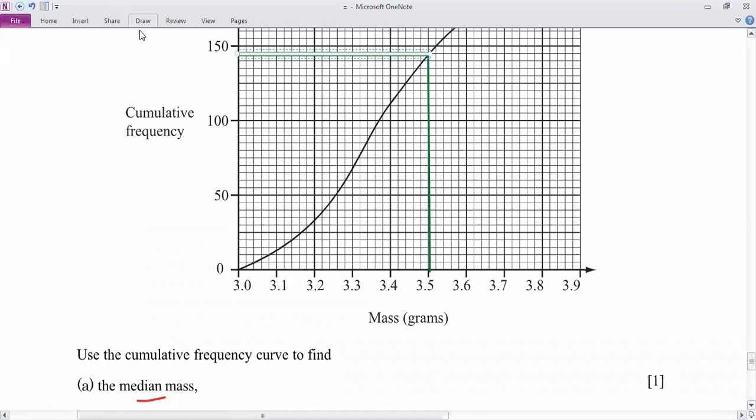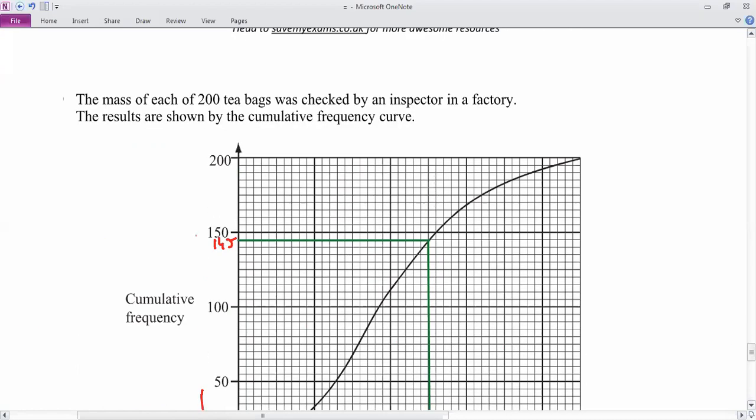What is this number now? This number we have to check. Each box is 5 because 10 boxes make 50. So each box vertically is equal to 5. So this is 150, so it means this is 145. As we are taking more than 3.5, it will be these values above this.